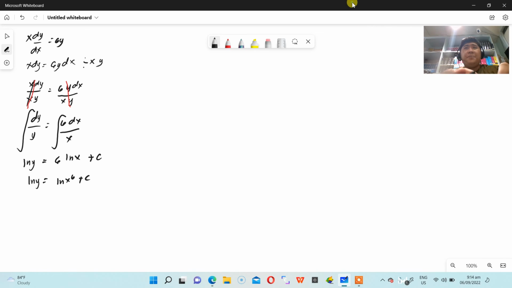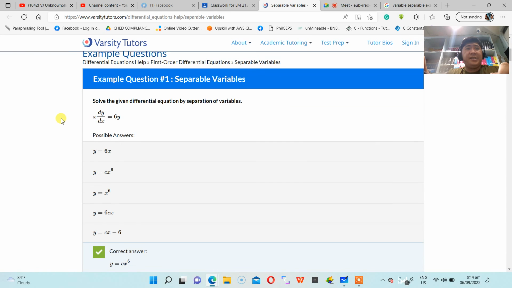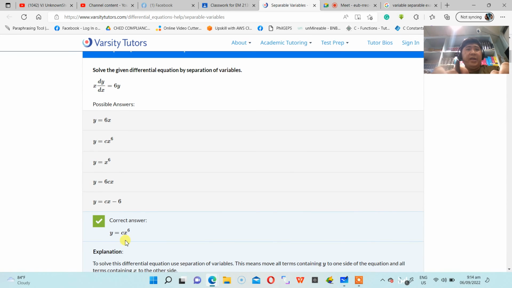If you could see, the answer of this is y equals c x raised to the power of 6. So let's try to make our answer closer to this, right? In the board exam, you have problems like this and you have options. You try your best that your answer will fall within the given choices.